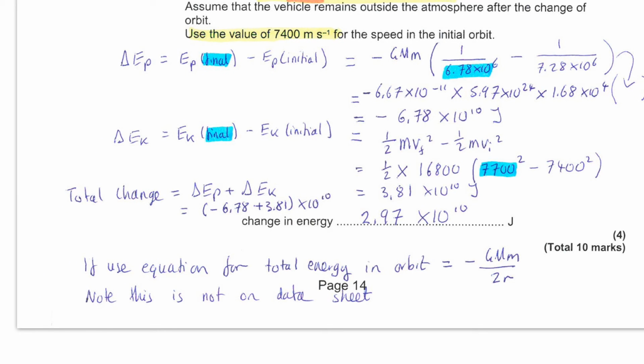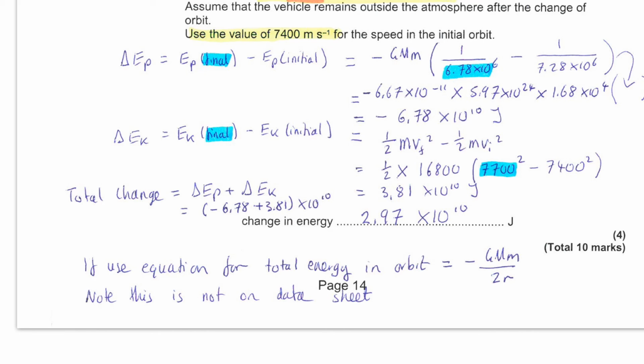Carrying on then, we need to consider the change in kinetic energy. So again, we can say it's the final kinetic energy take away the initial. So it is a half m v final squared take away a half m v initial squared. Please never ever subtract the two velocities and then square.